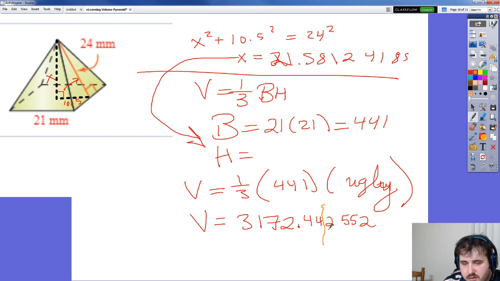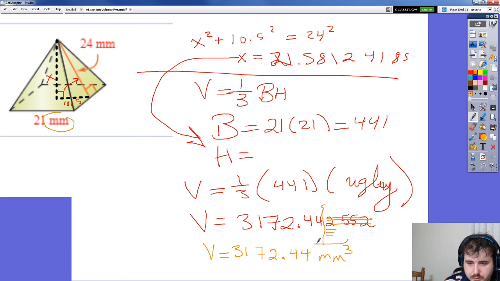Nearest hundredth. This is the nearest hundredth, so we have to look at the thousandth place. This is less than 5, so we're going to truncate this decimal. Just snip it right off. And then you get your final answer of 3,172 and 44 hundredths. And the units here are millimeters cubed.